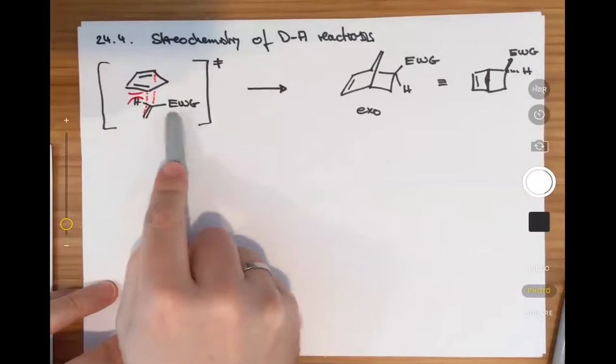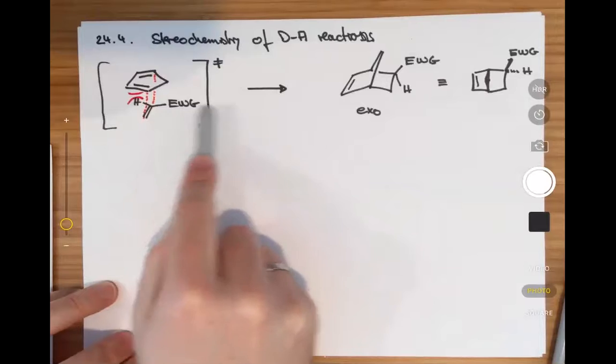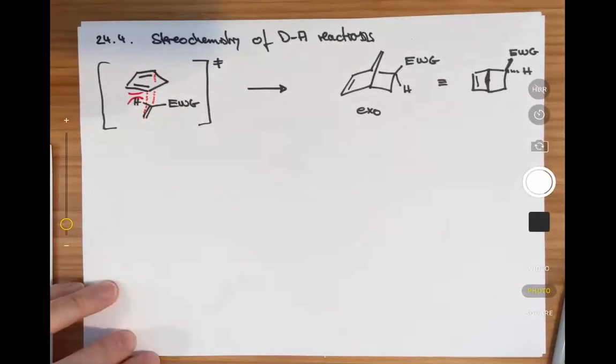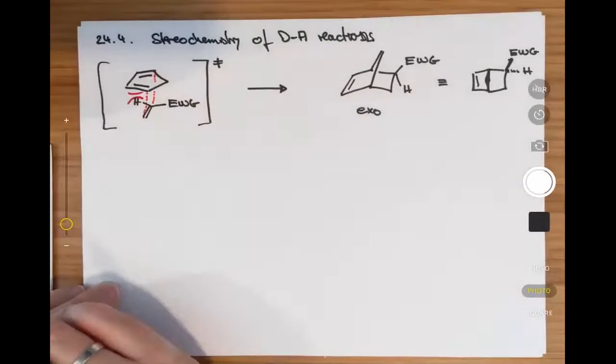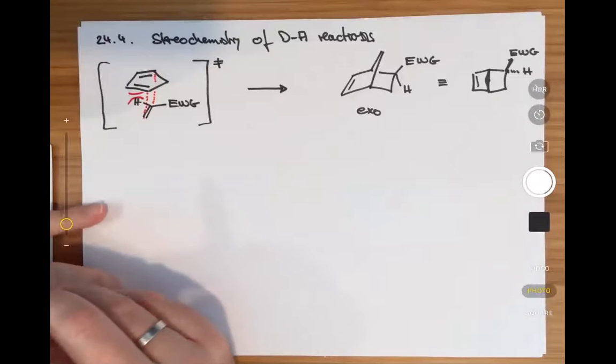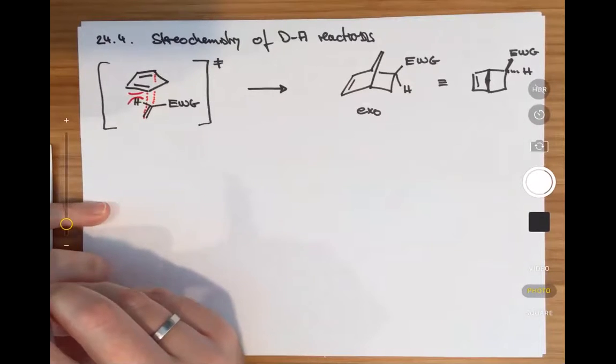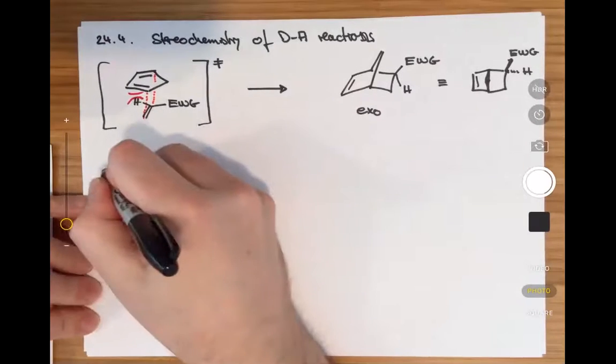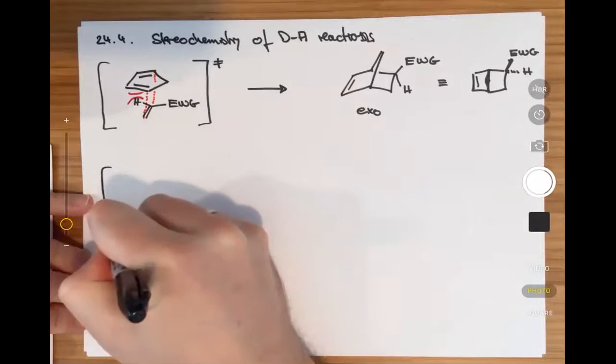So that's why the electron withdrawing group is pushed out further away from this side of the ring. So you might say that thermodynamically, this might be the favorable product. However, it's worthwhile investigating the other interaction too.